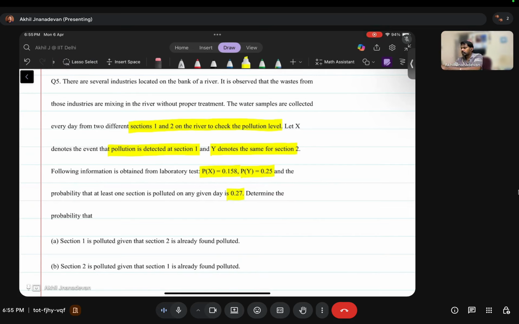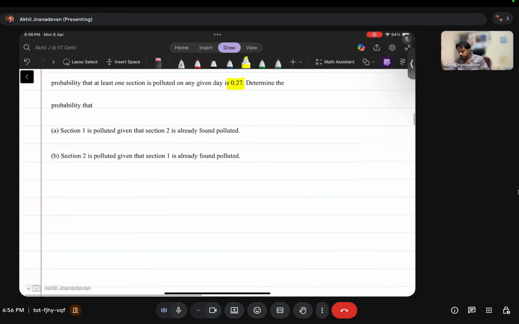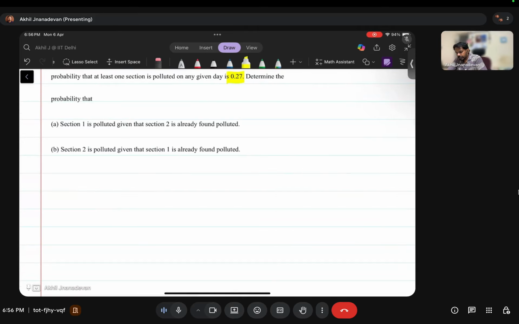We need to determine the probability that section 1 is polluted given that section 2 is already polluted, and that section 2 is polluted given that section 1 is already polluted. So these are direct conditional probability cases, right? We can directly write what is given.